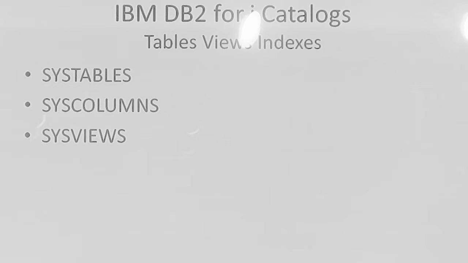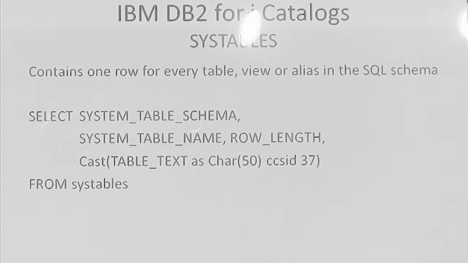The SYSTABLES view contains a row for every table, view or alias in the SQL schema or your data library, whichever you prefer to call it. I just made a simple little thing here. I'm selecting the schema, the table name, the row length, and the table text. There's 50 columns of data you can bring out. Again, you can use that asterisk.